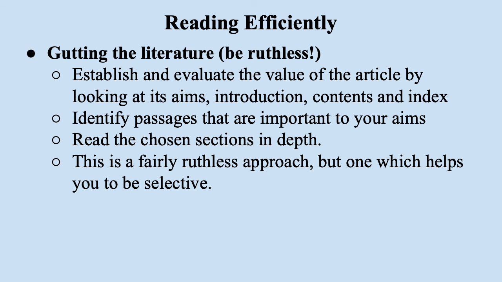Once you've done so, you want to read the chosen sections in further depth. So what you're essentially doing is you've read the article for the main point so you can understand the overall argument it is trying to make, but you're isolating the sections that you think are most relevant to your research, because these are the sections you really want to be paying attention to.